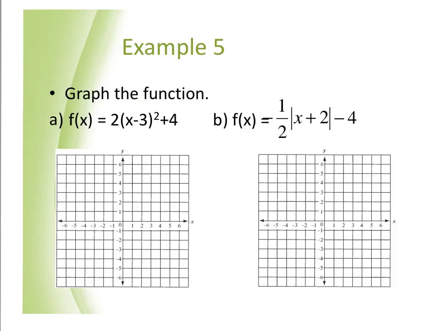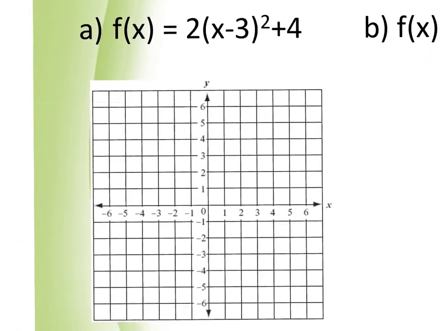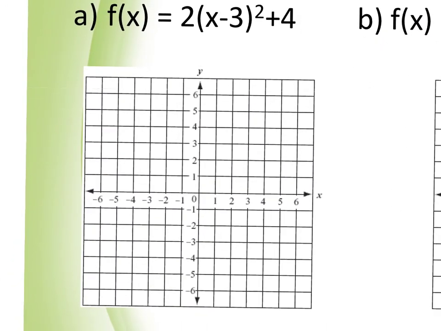And last, let's put all of this together and do the sequence of transformations in order. Let's take a look at the first one. In the first one, we have a parabola. Remember, it's always a good idea to graph the parent. So 0, 0, 1, 1, 2, 4, negative 1, positive 1, negative 2, positive 4.